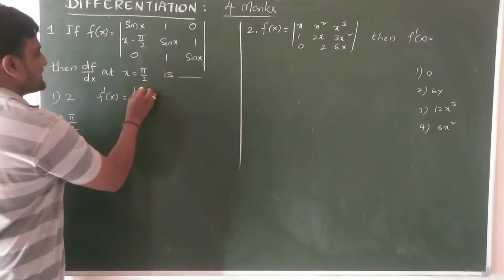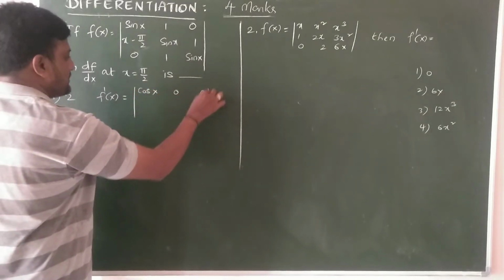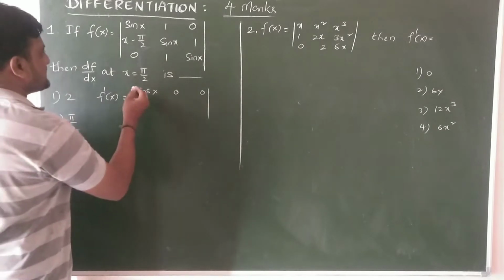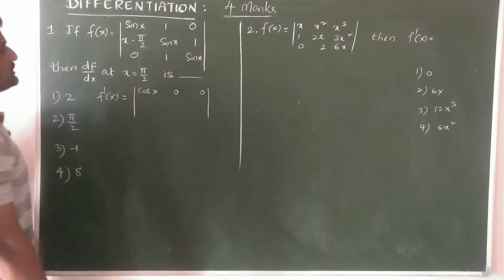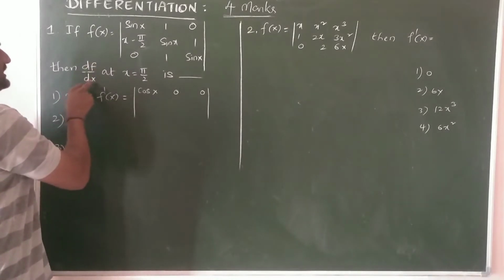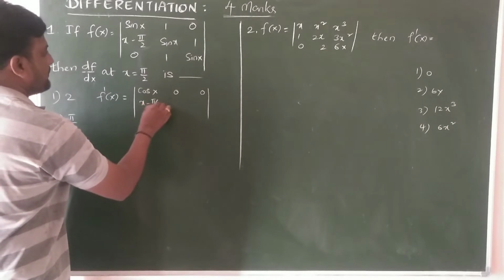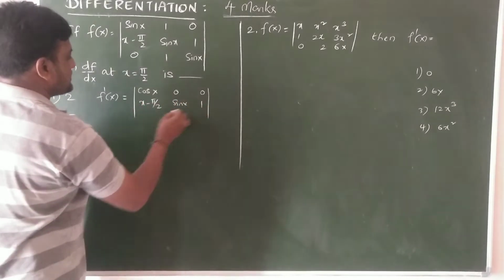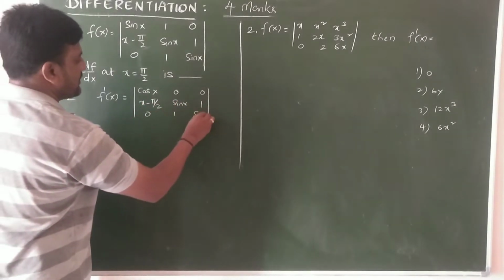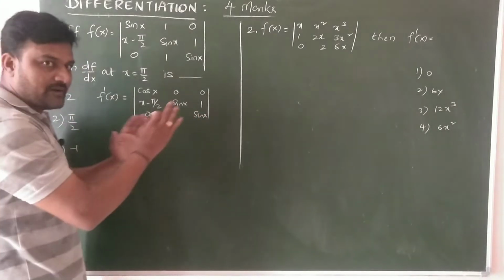Now the derivative of sin x is cos x, 1 is 0, 0 is 0. Next, x minus pi by 2, x minus pi by 2; f dash x means df by dx. So the second row is as it is and also the third row is as it is, as per the formula.